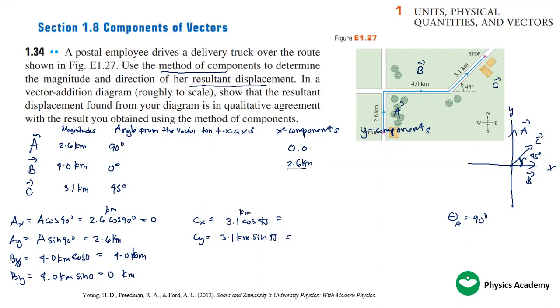3.1 cosine of 45 gives us 2.2 kilometers. Also, 3.1 sine of 45 will give us 2.2 kilometers.